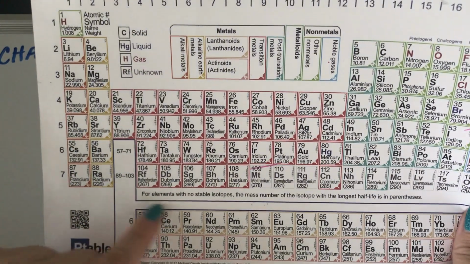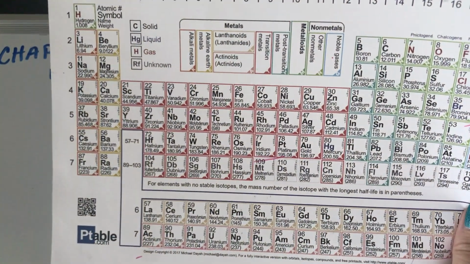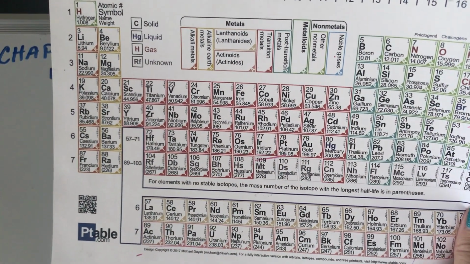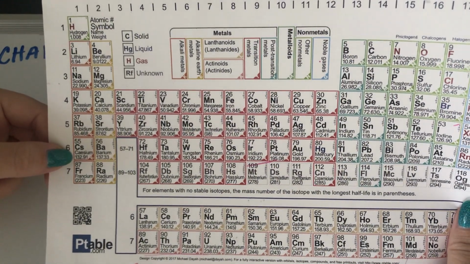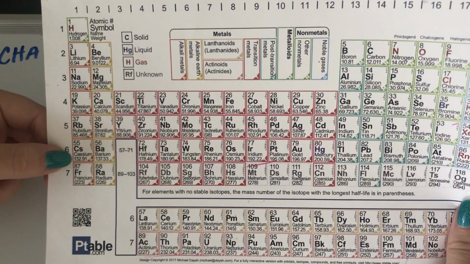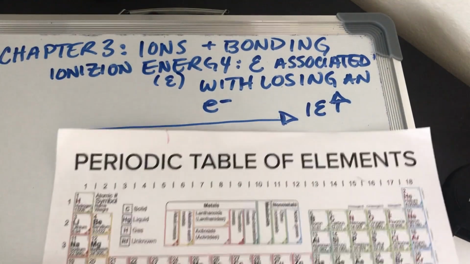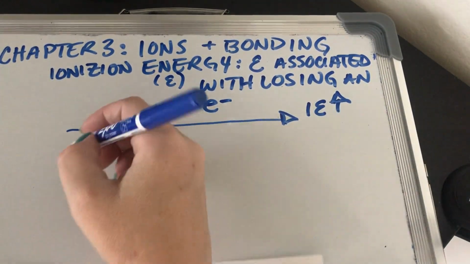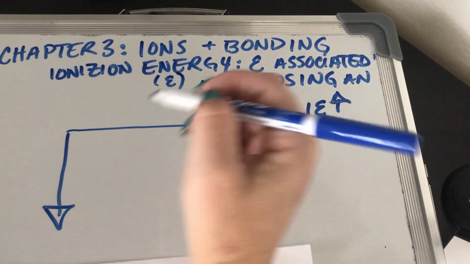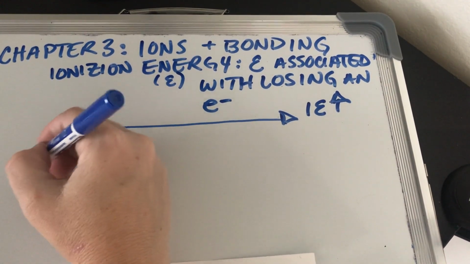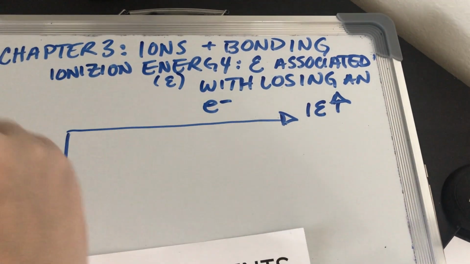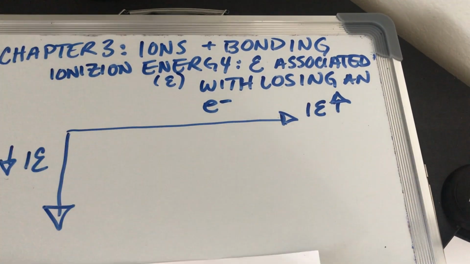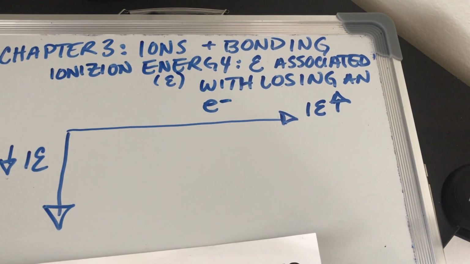You see how this whole bottom row has its atomic weight in parentheses? All those guys are radioactive, so technically, cesium would have the lowest ionization energy. So, ionization energy, as we go down the periodic table, decreases, right?